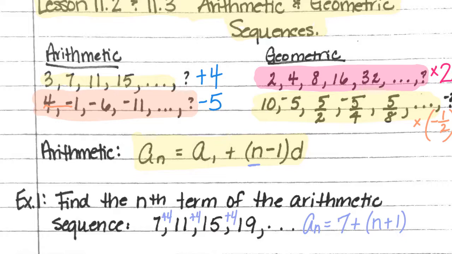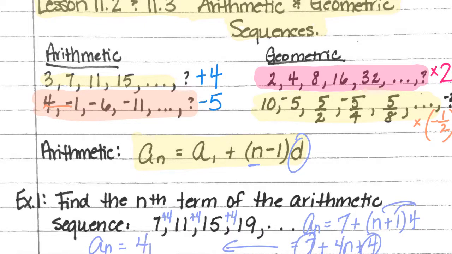So we know that the common difference, the d, is 4. We do have to distribute this. So we have 7 plus 4n plus 4. I'm running out of room, so I'm going to write my answer over here. The a sub n, the nth term, if I add like terms, is 4n plus 11.